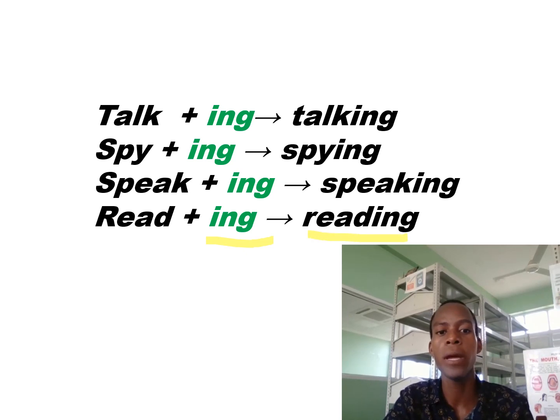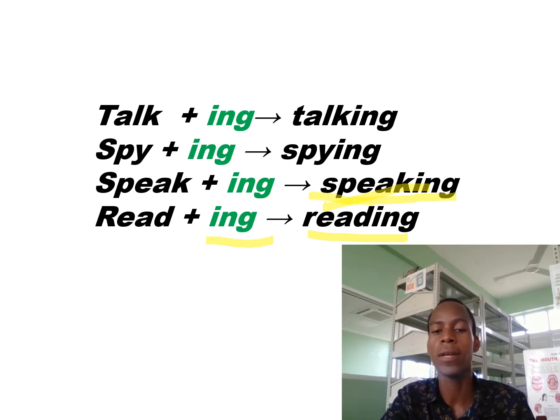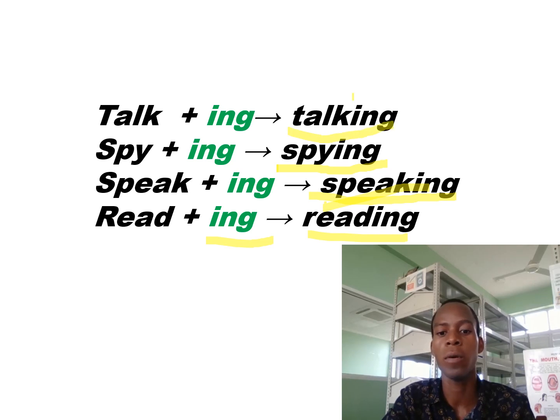Even in the word speak, we have speaking, which has the ing form. You also have spying, which has ing, and talking, with the inclusion of the ing form of the verb.